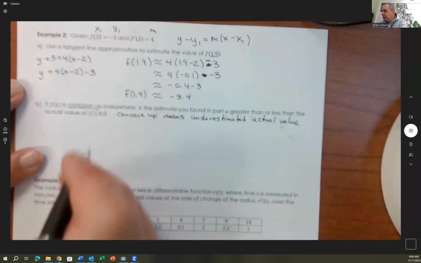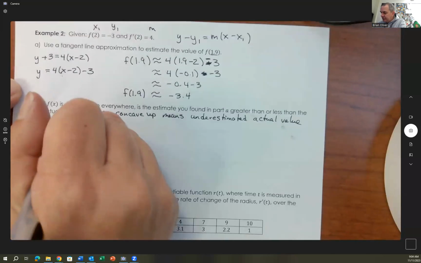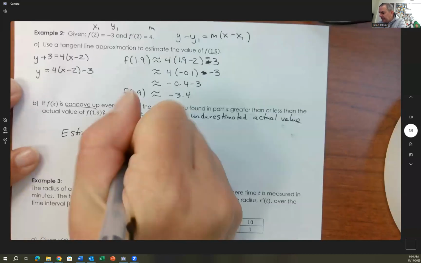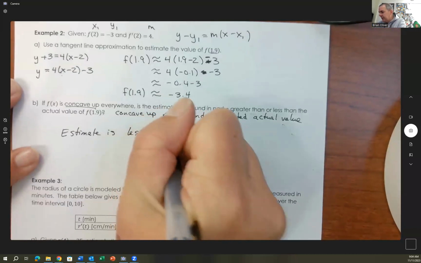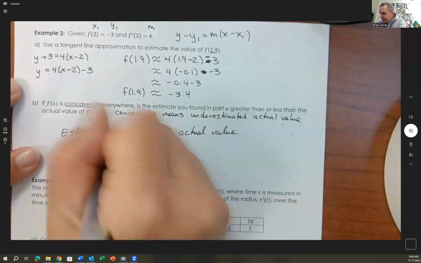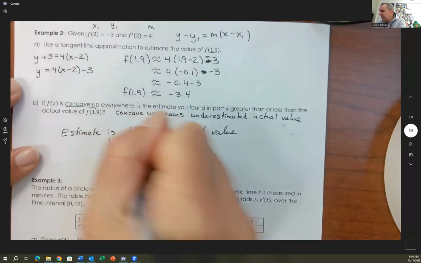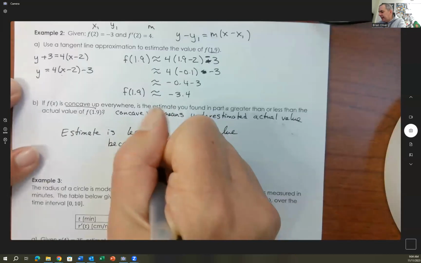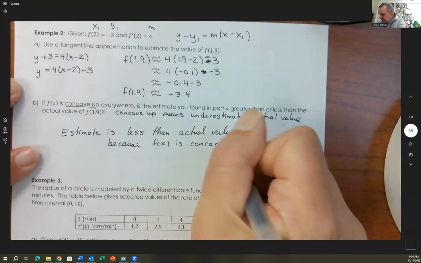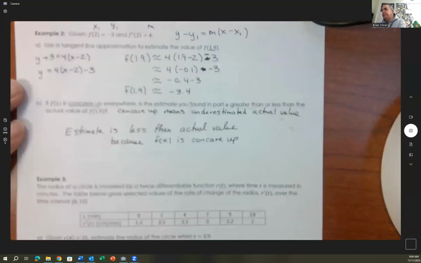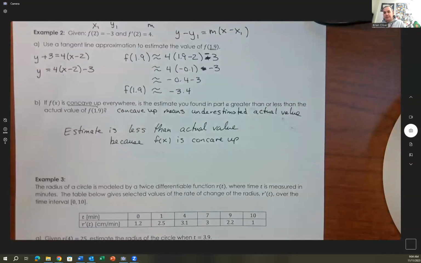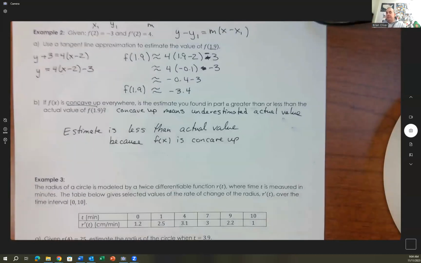Our estimate is less than the actual value, and that is because f of x is concave up. Okay, so we're going to walk through this and make sure we have all these questions answered. This is it for this topic.